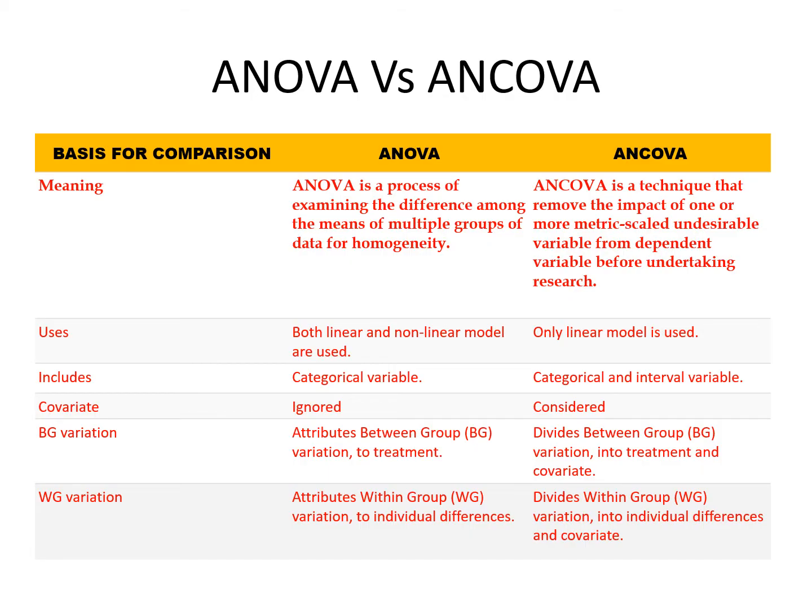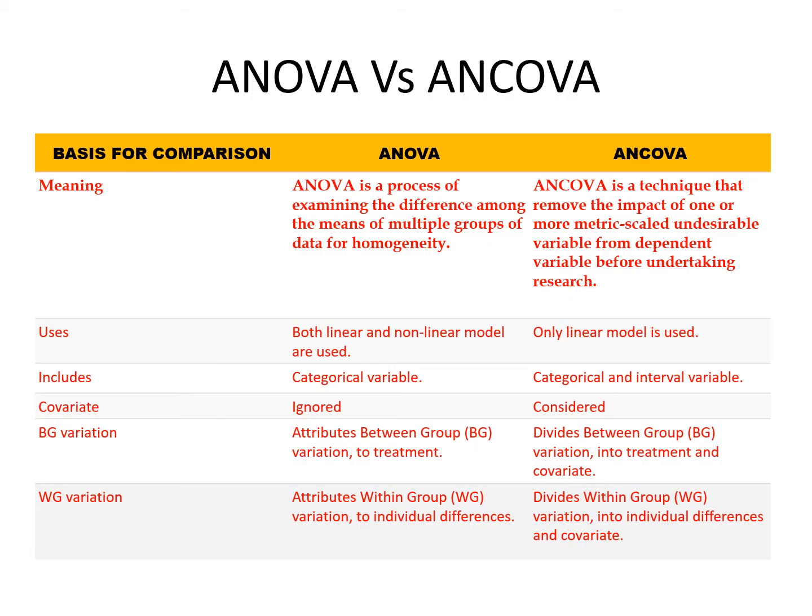ANOVA is a process of examining the differences among means of multiple groups of data for homogeneity purposes. But ANCOVA this time is a technique that removes the impact of one or more metric-scaled undesirable variables from the dependent variable before undertaking the research.